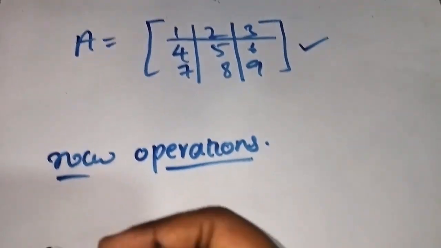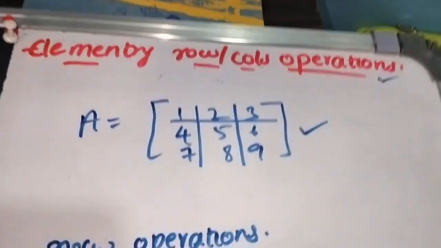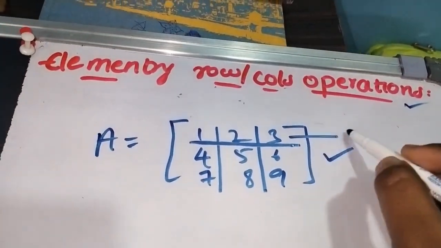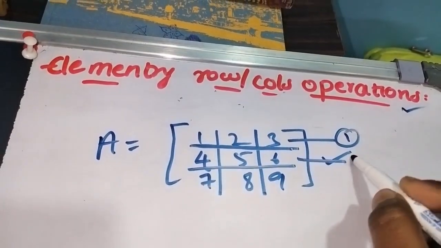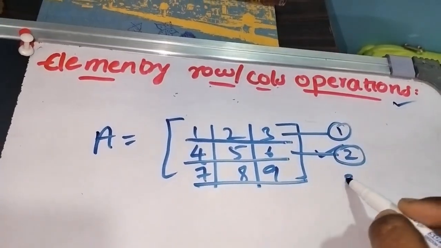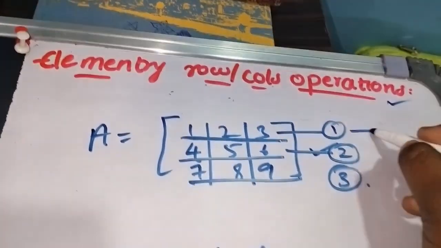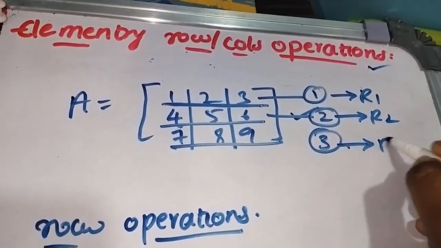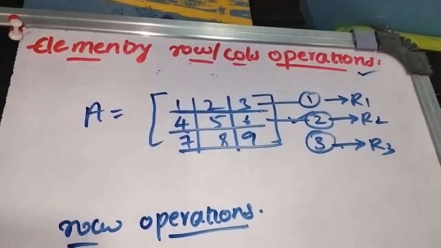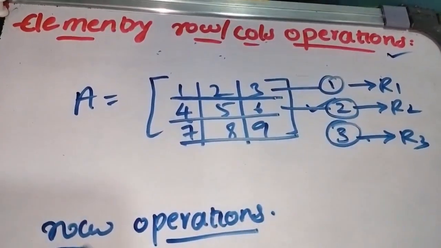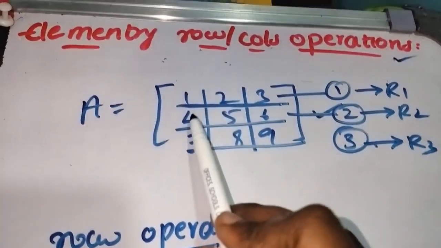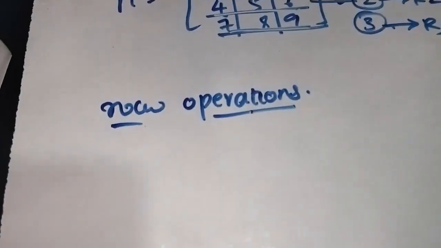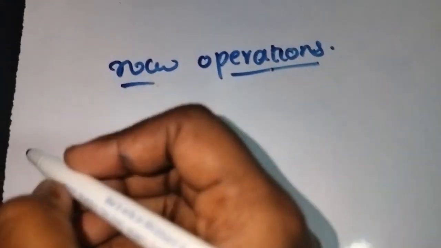Example, I'll show you. Take this row as row 1, this row as row 2, and this row as row 3, something like R1, R2, R3. So these row operations are made only on the rows of the matrix. We have some conditions to operate on these rows.